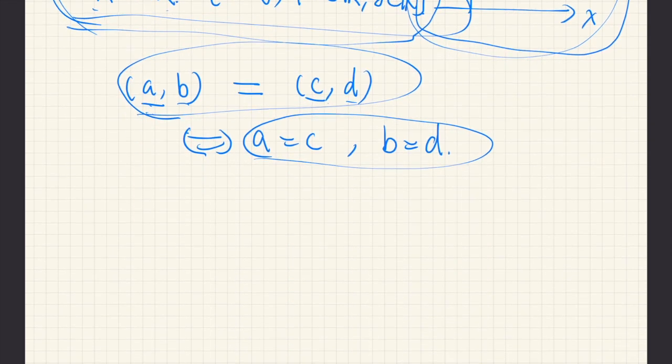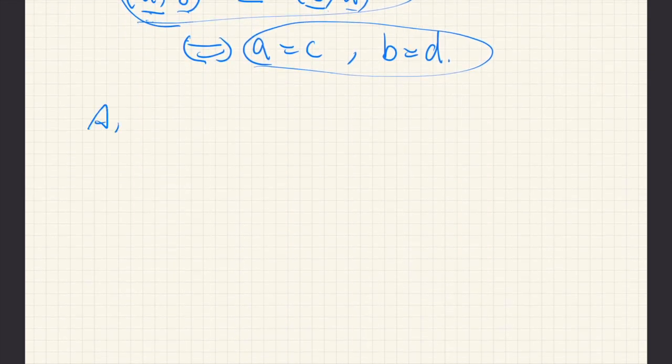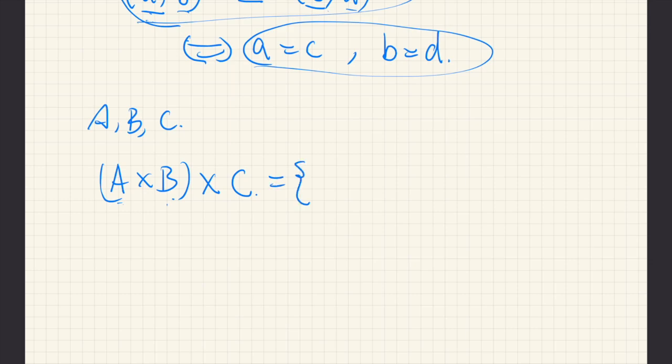If we have three sets, let's say A, B, and C. We have defined A times B. So this is a set, right? The Cartesian product between A and B is a set. So with this set, we can make a Cartesian product with C. That is defined as this. The Cartesian product is defined between two sets, right?